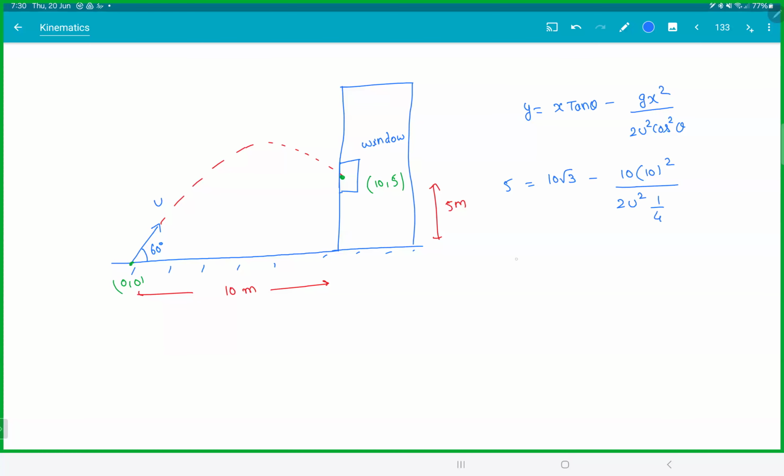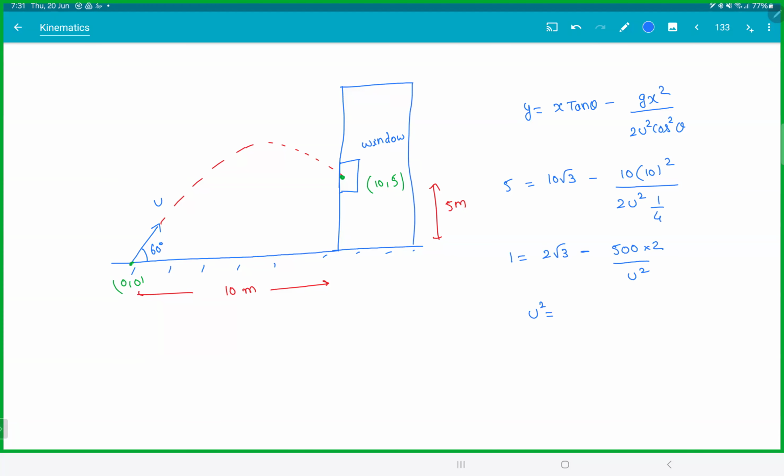5 cancels on both the sides. 2 root 3, this is 500 into 2 by u square. Shifted everything this side, so you get u square. That would be 1000.